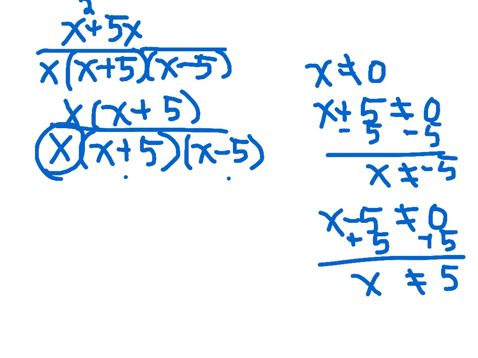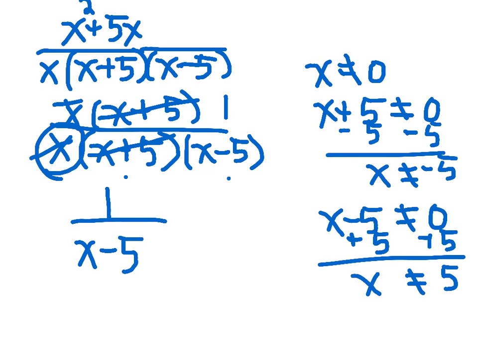Those are the 3 restrictions on the variable, and the simplified version of this would be 1 over x minus 5. Notice we do it before canceling. We find all of the restrictions. So that's really how you do that. I don't think we need to spend more time on that just yet.